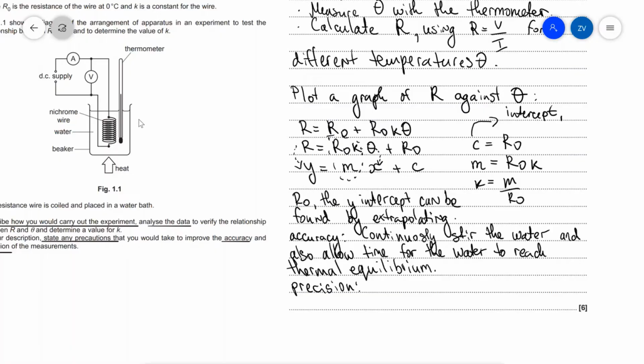Because this appears to be an analog thermometer, what I'm going to write down is that we need to ensure that we're not introducing a parallax error, so we need to be at eye level. Let's write down: ensure measurements of theta are performed from eye level.